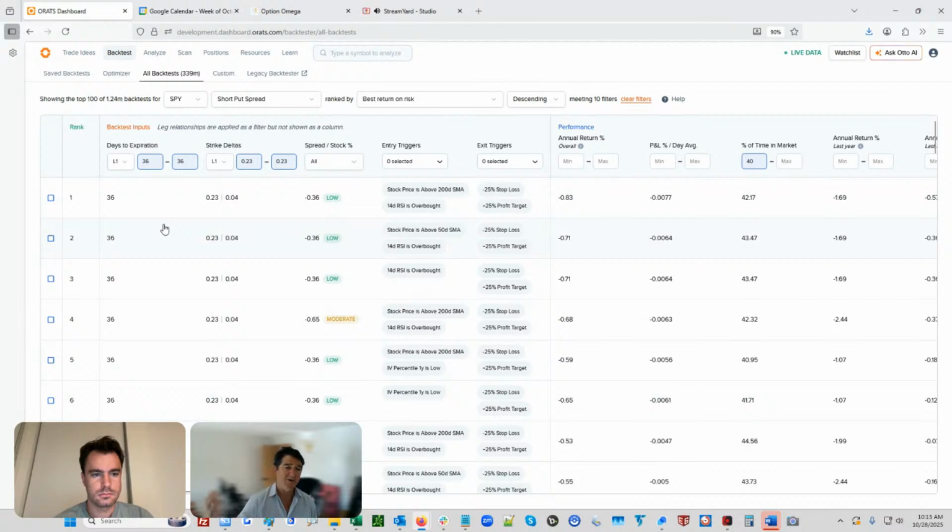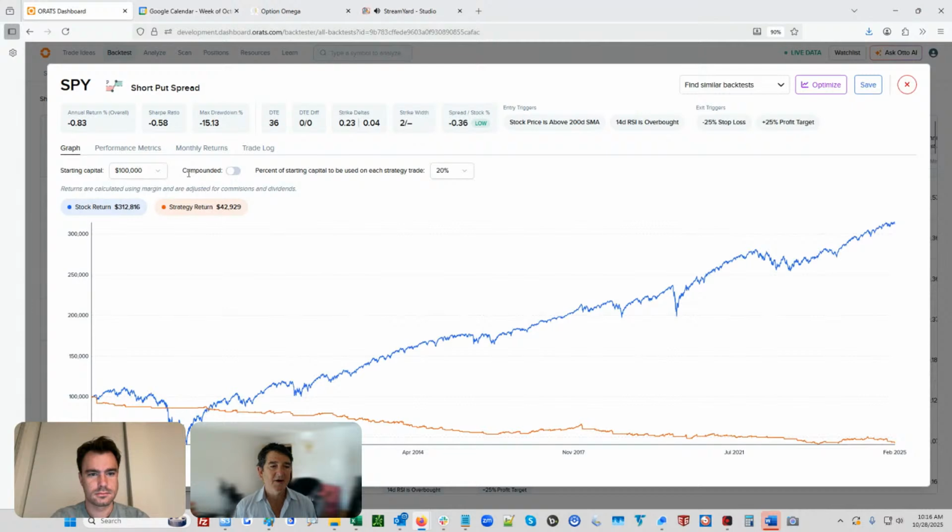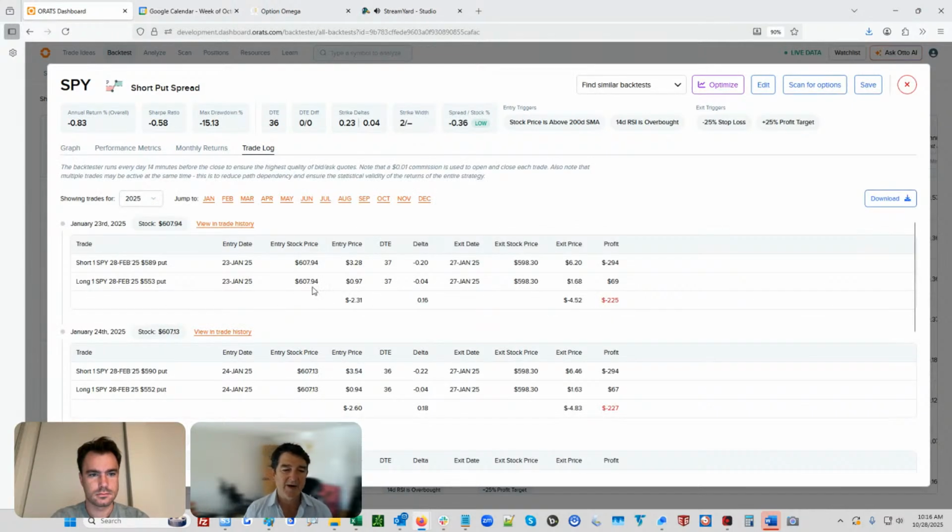There are some strategies where 25% is a lot better, but those are generally a higher percent spread to stock price. For this, you could tell that these are low, so you're not paying very much. So let's just take a look at this. Another thing, we could go look at the actual trades, and this trade was only 2%.